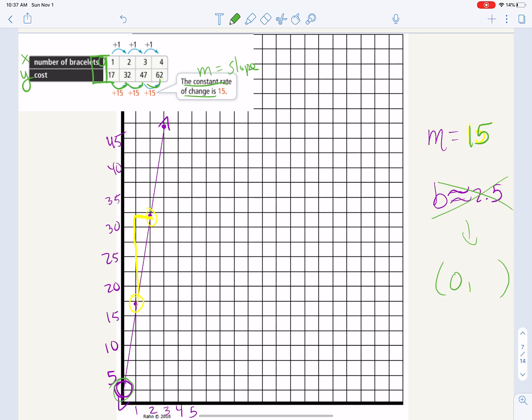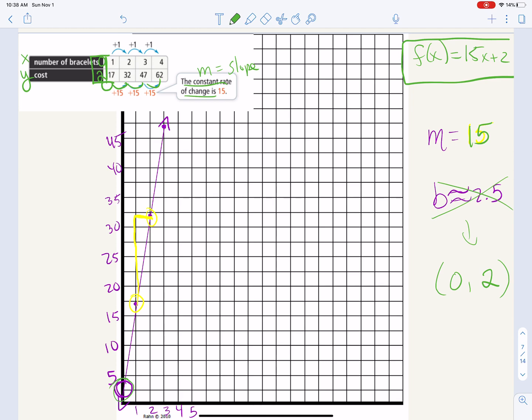So if it's increasing by 15 to go backwards, I would have to decrease by 15, which would make this a 2. So my actual y-intercept is 2. I was close with 2.5, but close isn't good when writing equations. We want exact. So my final answer would be f of x, because I'm doing function notation, equals 15x plus 2.